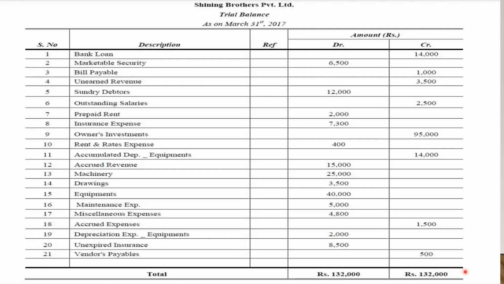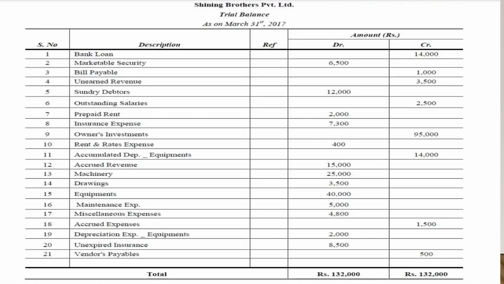The total of debits should always be equal to the total of credits, as we know that we have a double entry bookkeeping system. Double entry means that every transaction has a double effect. So all the debits have to be balanced with all the credits. So it is very important that these two balances should always match.